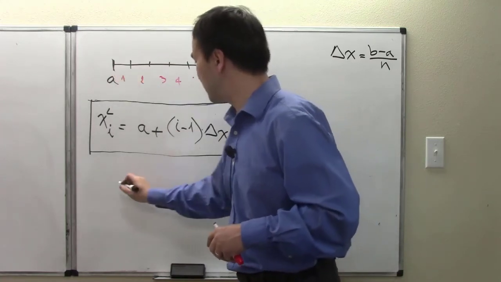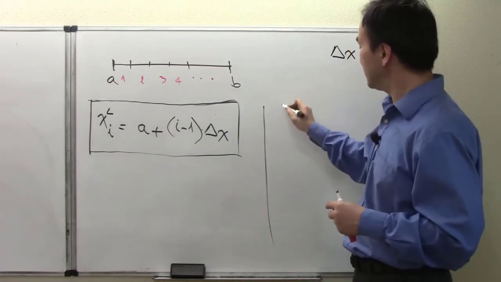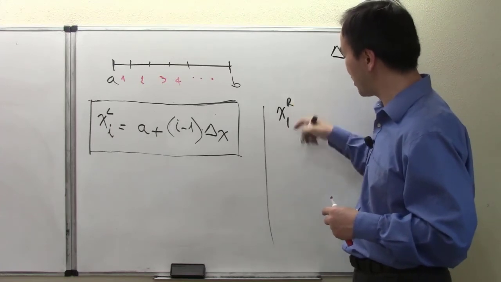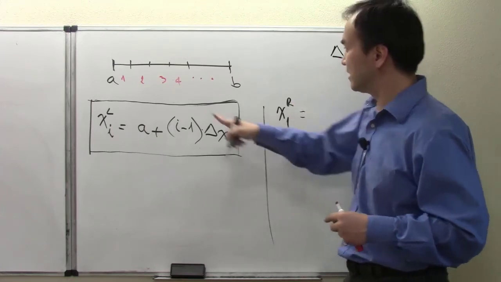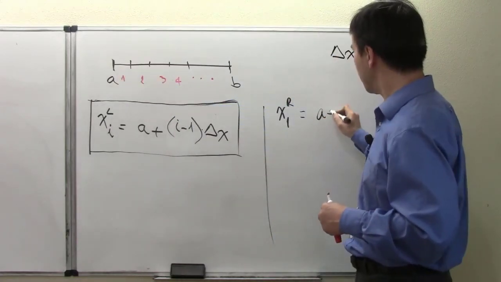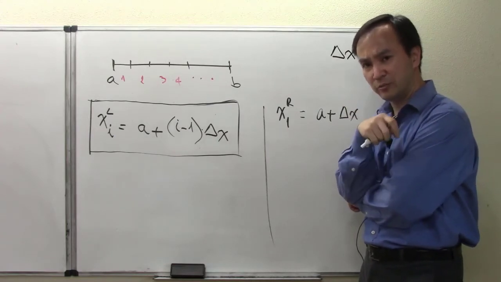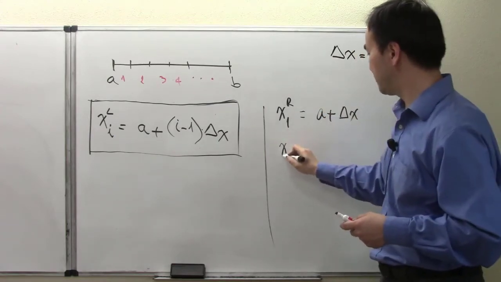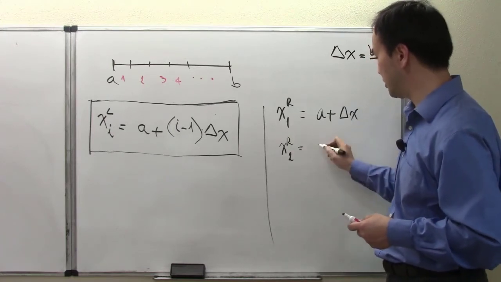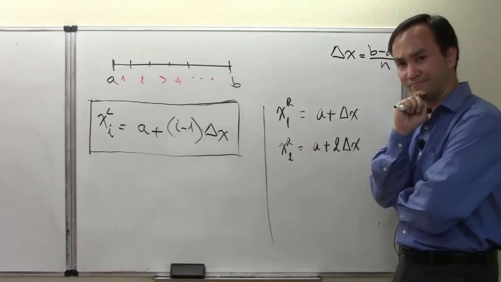Okay, but now let's do a little scratch work right here. For interval number 1, the right endpoint is already a plus delta x, because it's the right endpoint. It's just how it is algebraically. And then the right endpoint for subinterval number 2 is a plus 2 times delta x.